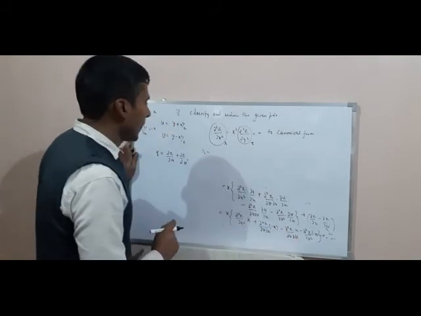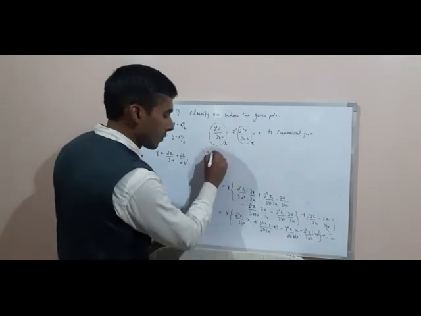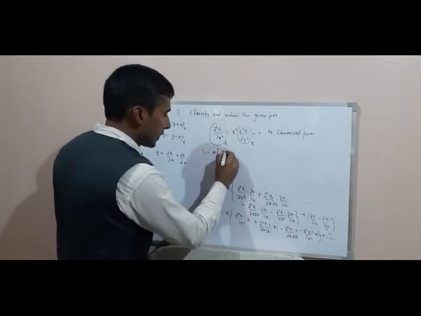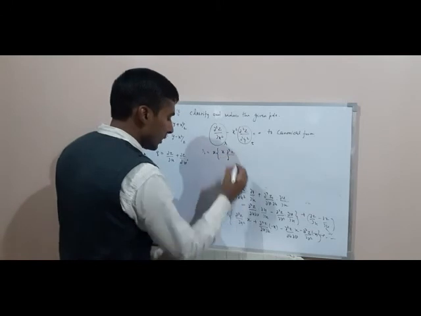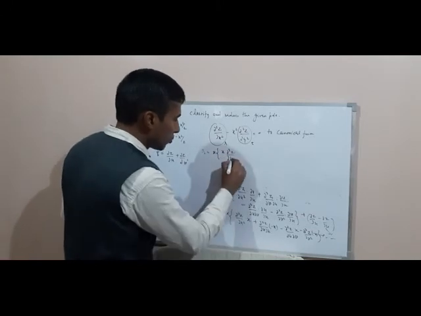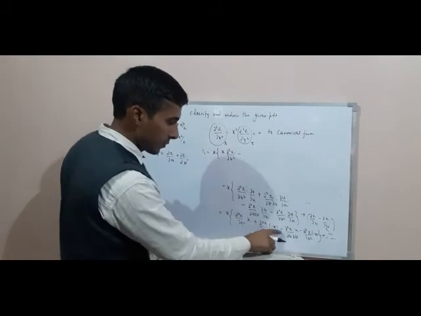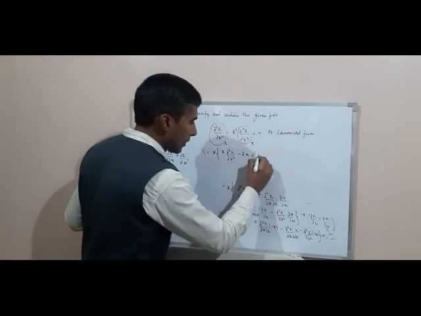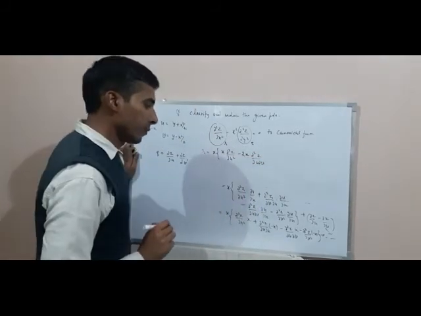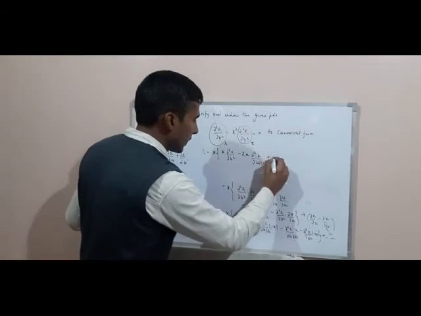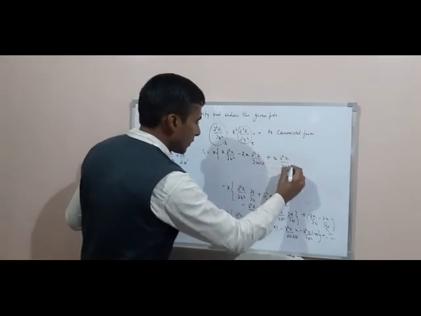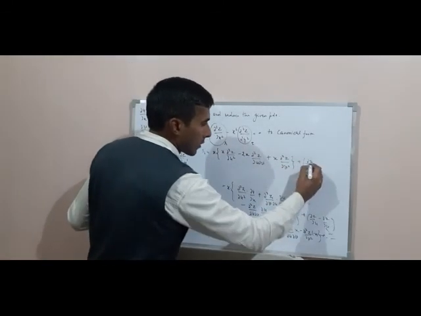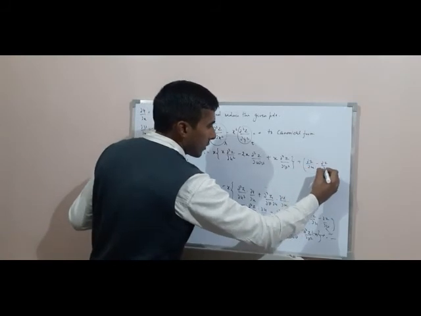So this can be written with x outside the parenthesis as x ∂²z/∂u² minus 2x ∂²z/∂u∂v, and the last term is plus x ∂²z/∂v², and ∂z/∂u minus ∂z/∂v.